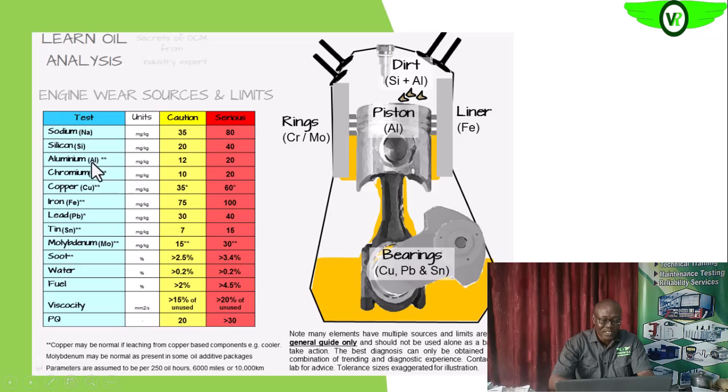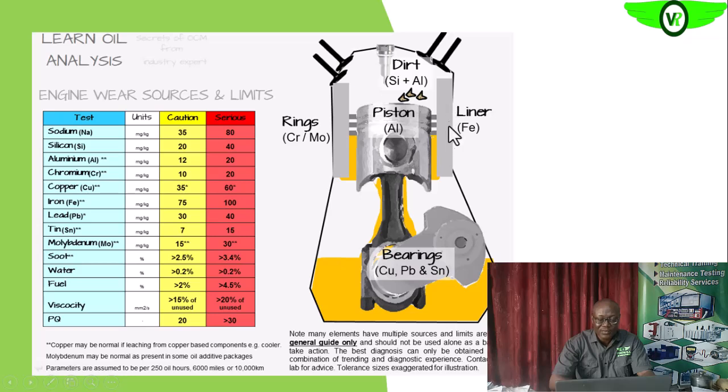Then the piston itself, you see, is aluminium. This is the wear particle content level that is not acceptable. You see it? We need it to be less than 12 parts per million. So if you have more aluminium in your oil, it means that the piston is wearing out very fast.